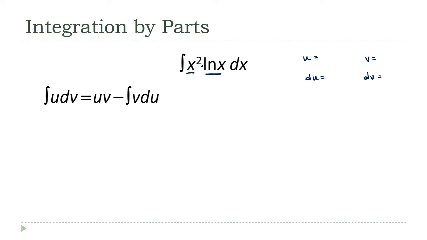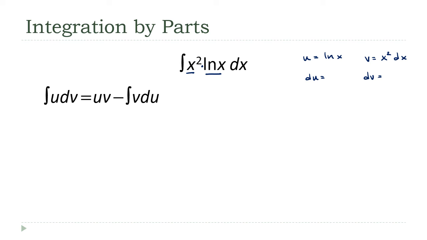Well, I don't know what the integral of the natural log of x is yet. We're going to get there in a little bit. That would be a really poor choice for v because I can't integrate it. So that forces me, for lack of any other choice, to put x squared dx over here. And that leaves u to be the natural log of x.